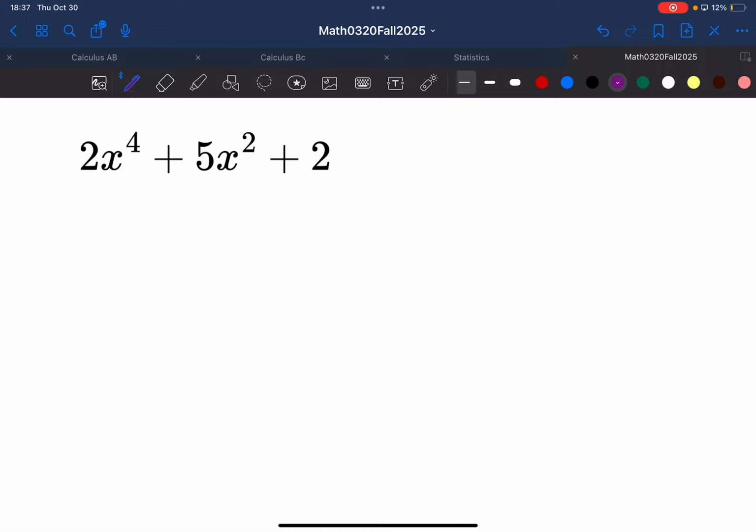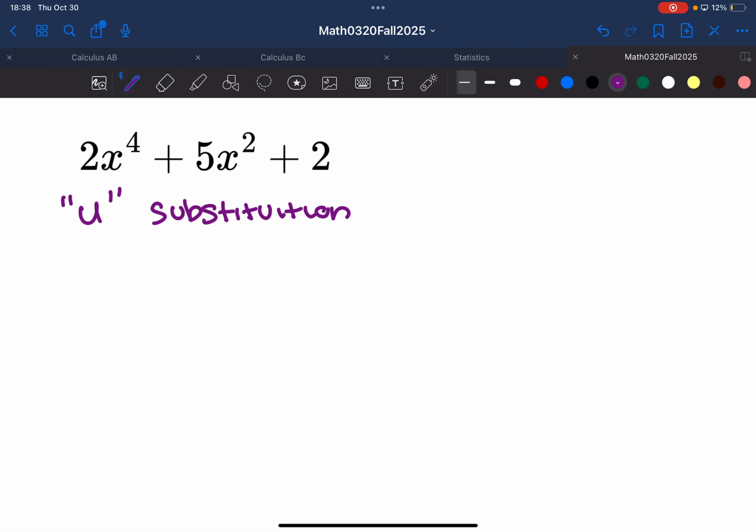So what we're going to do is called U substitution. If you can't take out a GCF from the variables or from the numbers, and you end up with something that looks like x to the fourth and x squared, you know you're going to be using U substitution. That's exactly what it means. We are going to replace our x's with u's.